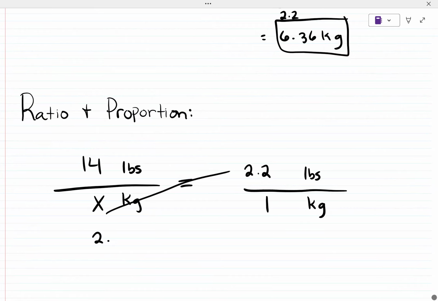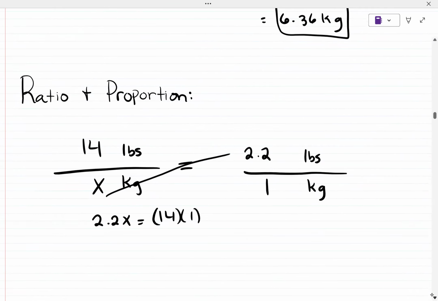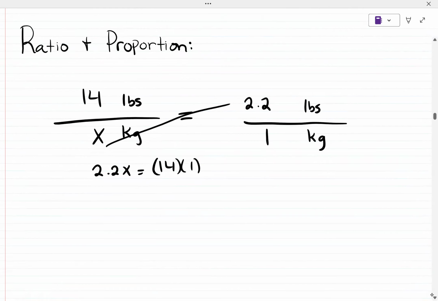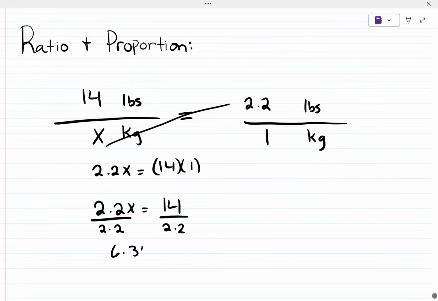So it's 2.2x equals 14 times 1. That's 2.2x equals 14. And then divide this by 2.2, and you get 6.3636. That's 6.36.